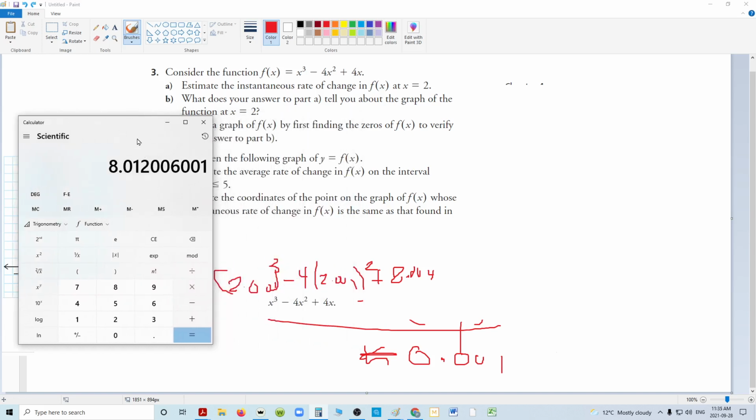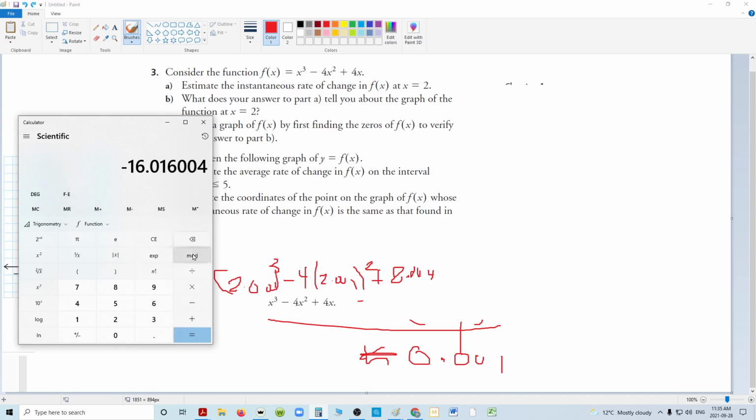And then I have to subtract 2.001 squared times 4. I didn't get the zeros in there. 2.001 squared times 4, and I have to subtract that. So I'm going to add that as a negative to my memory.